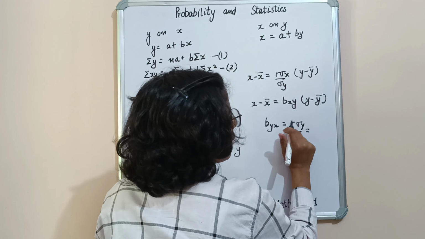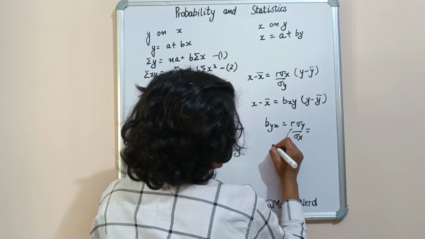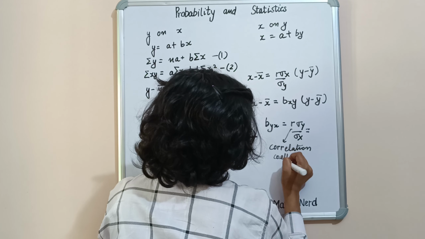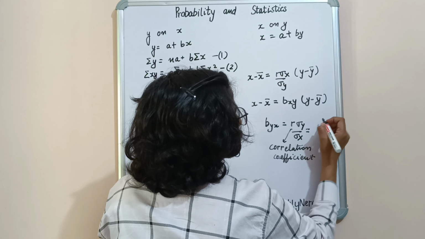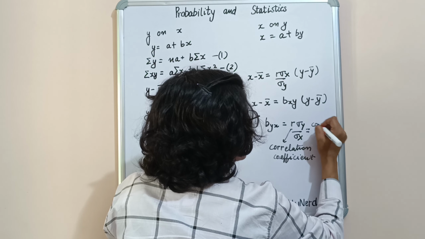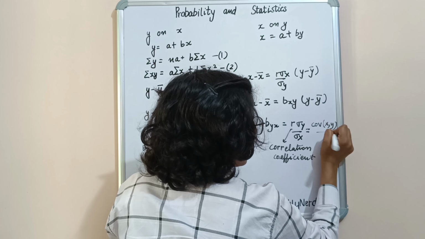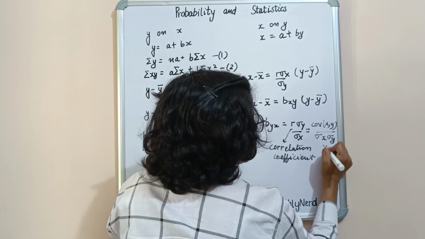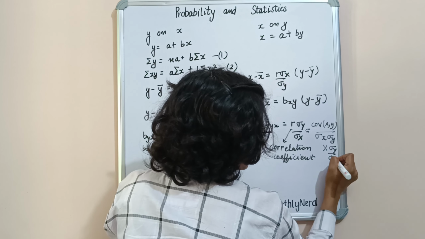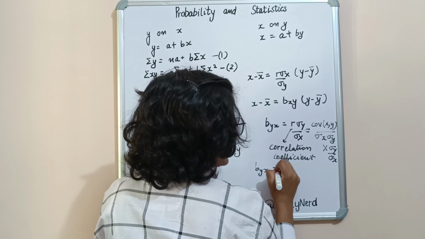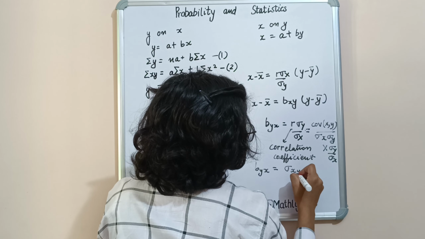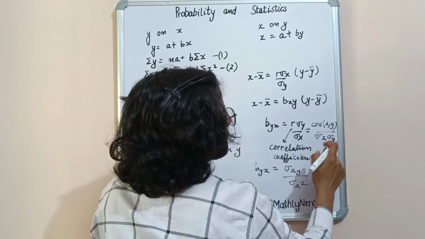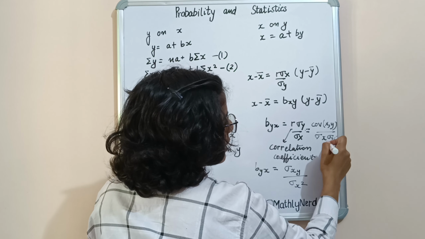If we put the value of r, that is covariance xy by sigma x sigma y, and multiply this by sigma y by sigma x, then byx equals covariance of xy by sigma x square, since sigma x is in the denominator twice, and sigma y is once in the denominator and once in the numerator, so they cancel out.